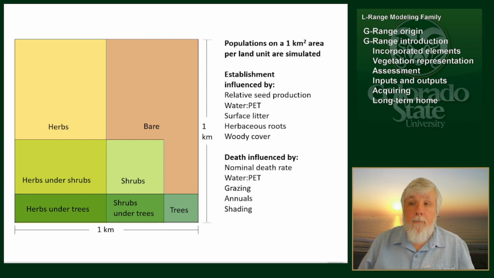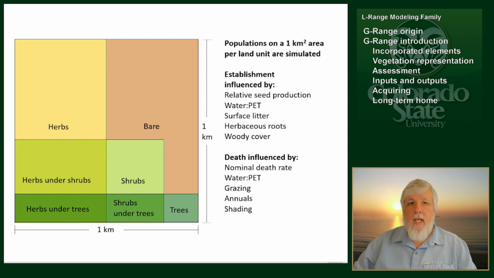These percentages and the populations can be influenced by parameters that include things affecting establishment, like the relative seed production, how much water is available, surface litter, crowding, the herbaceous roots that can crowd as well, shading from woody cover, and then things that influence death as well, like a nominal death rate and water availability. Grazing can kill plants. The annuals have to die at a regular rate, and there is shading from other plants, for example.